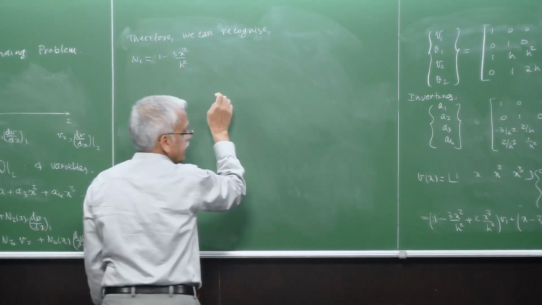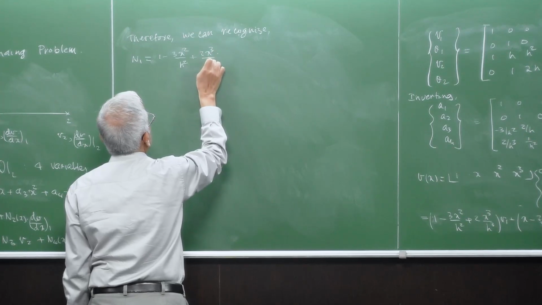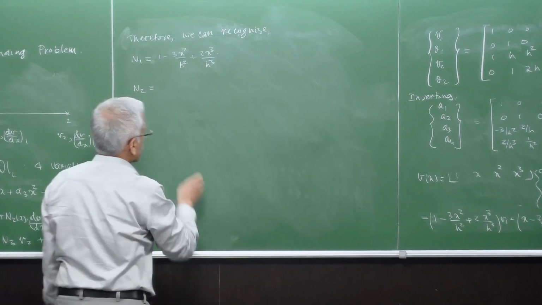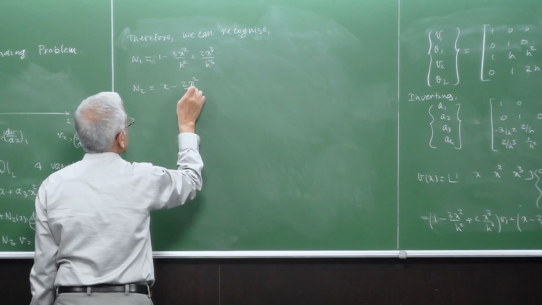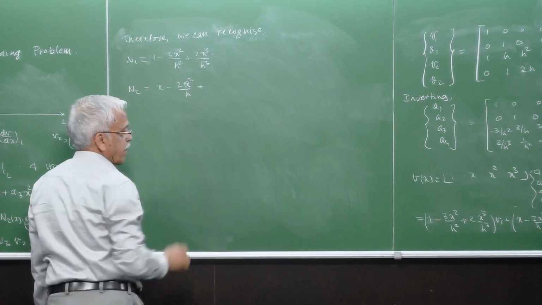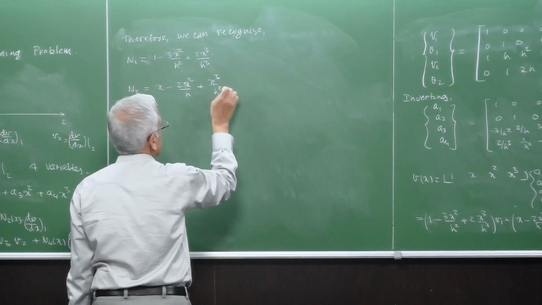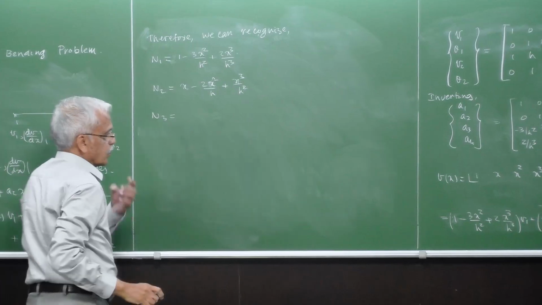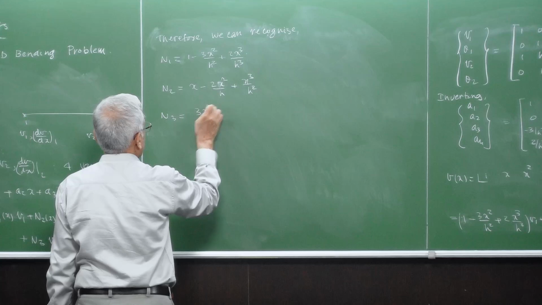H is the same as L. x minus 2x square by h plus x cubed by h square. Three x square by h square.